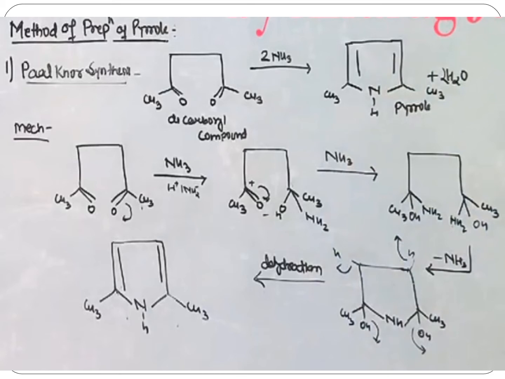So the NH group is attached at this place and H2O is further released by dehydration, and in the end we get dimethyl pyrrole. So Paal-Knorr synthesis is used for the preparation of derivatives of pyrrole.